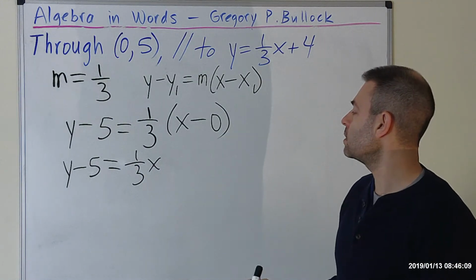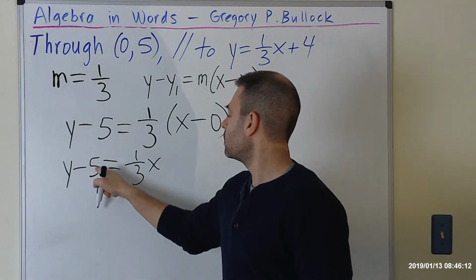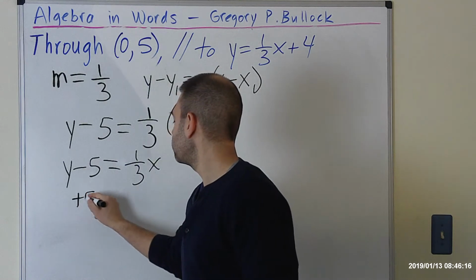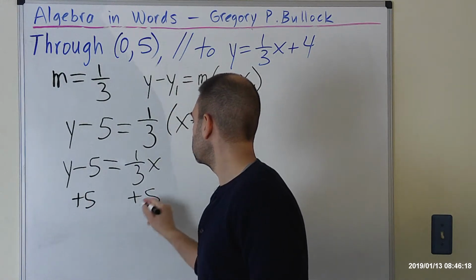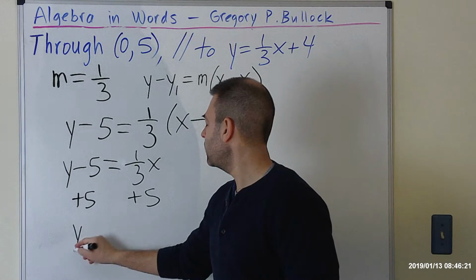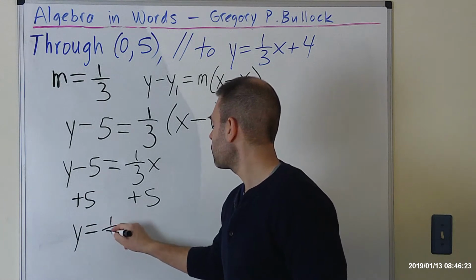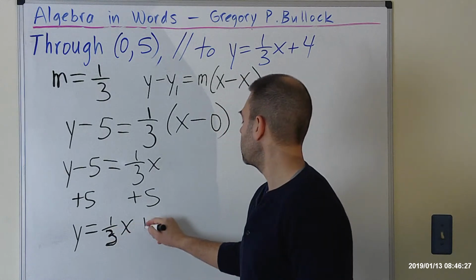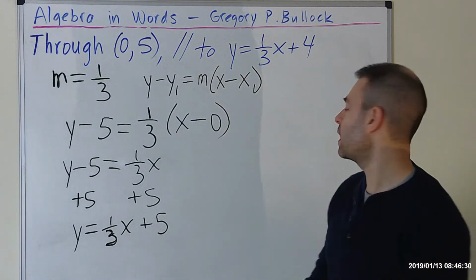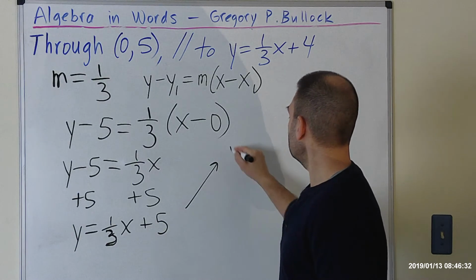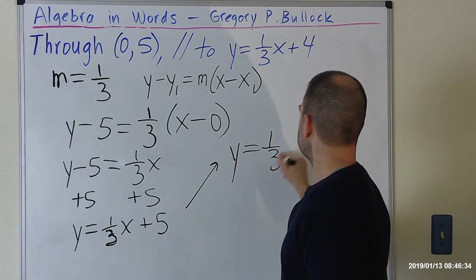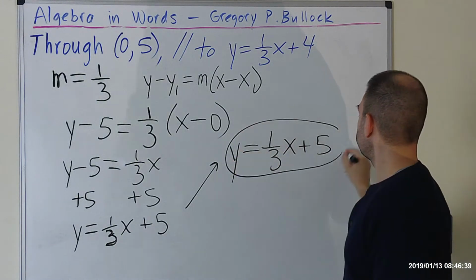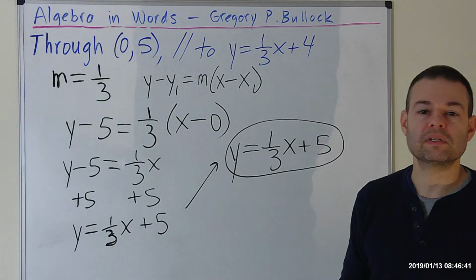Okay, next I'm going to move this number to the other side so that we get y alone, plus 5 and plus 5, and we're going to get y equals 1/3 x plus 5. I'll just rewrite that here. y equals 1/3 x plus 5. And that problem is done.